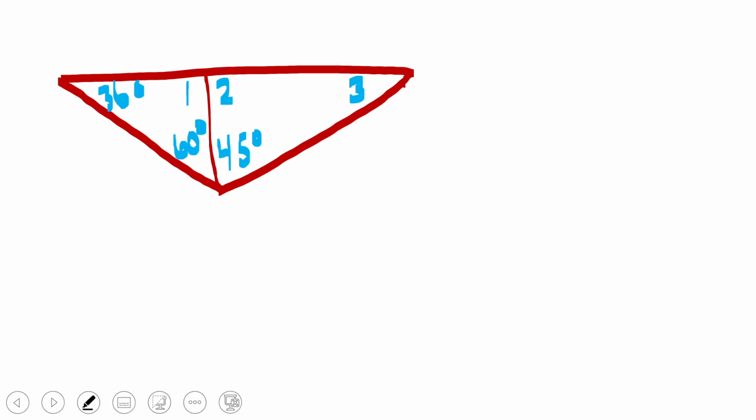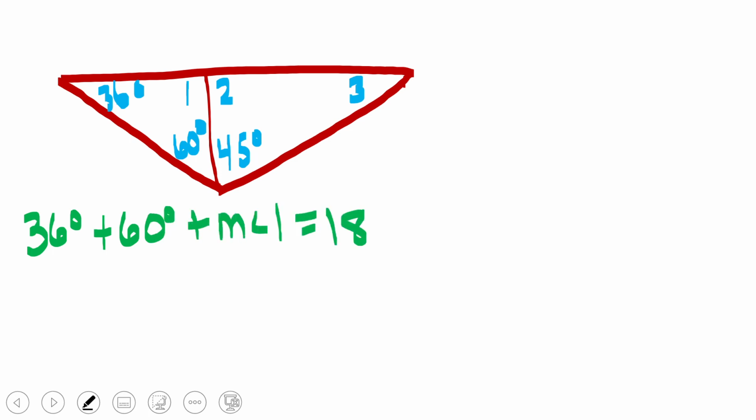So to start there, we would say 36 degrees plus 60 degrees plus the measure of angle 1 is equal to 180. We solve. Rename 36 plus 60 as 96 degrees plus the measure of angle 1 equals 180.